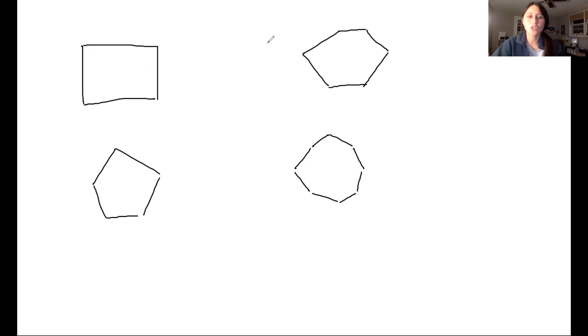Octagon right there. So if I wanted to find how many degrees all these angles added up to be, how would I do that? So looking at a square, what we know is every angle has to be 90 degrees. So we could do 90 times 4 and find that, and that would be 360, right? That one's nice. But what if we have like a pentagon or a hexagon or an octagon?